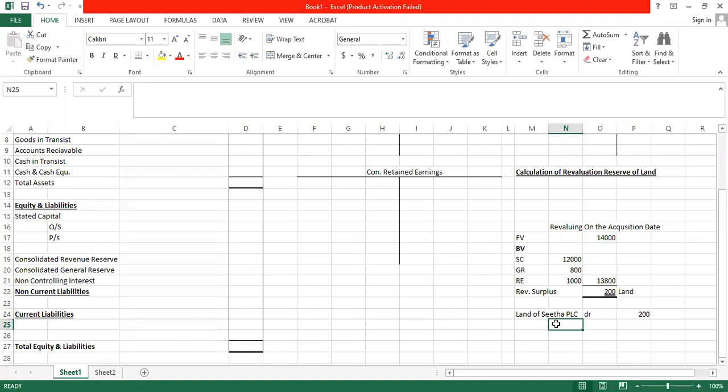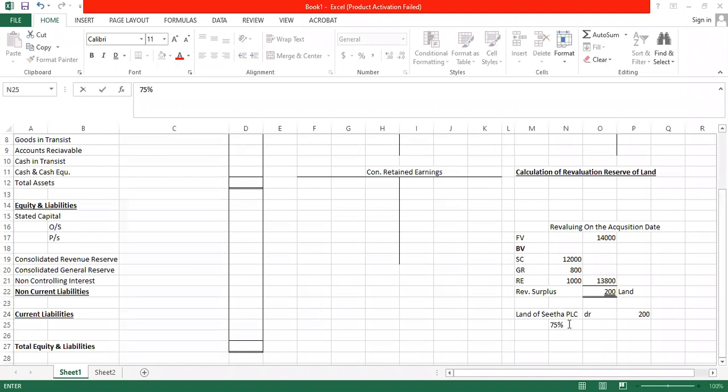So on the acquisition date, from this value, what is the acquisition percentage? It is 75%. So 75% is only owned by the parent company, Padma PLC.